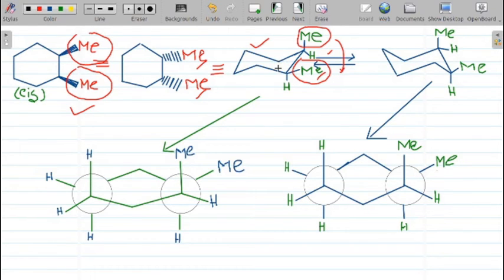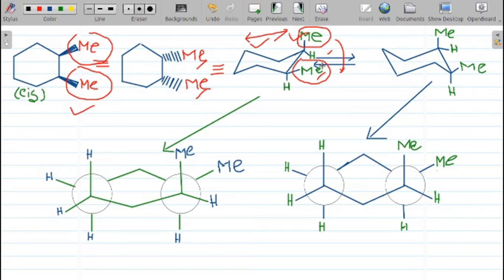Okay, so you can see that there is no significant change in the chair conformation in this case, because one methyl group is at the axial position, so a 1,3 diaxial interaction is present, but the other methyl group is at the equatorial position, and in the equatorial methyl group there is no steric strain.